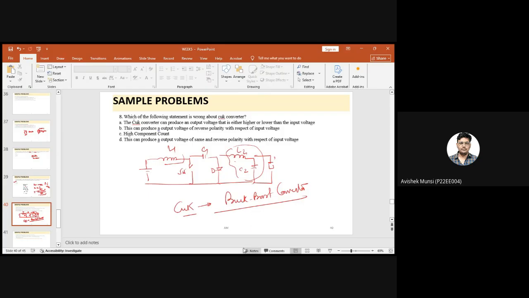So try to answer which of the following is correct regarding this.